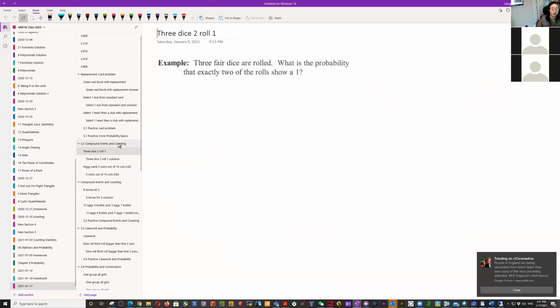So here is 3 dice roll 1. 3 dice are rolled. What is the probability that exactly 2 of the rolls show a 1? Let's see that a die is 1 all the way to 6, and 3 dice will be rolled.